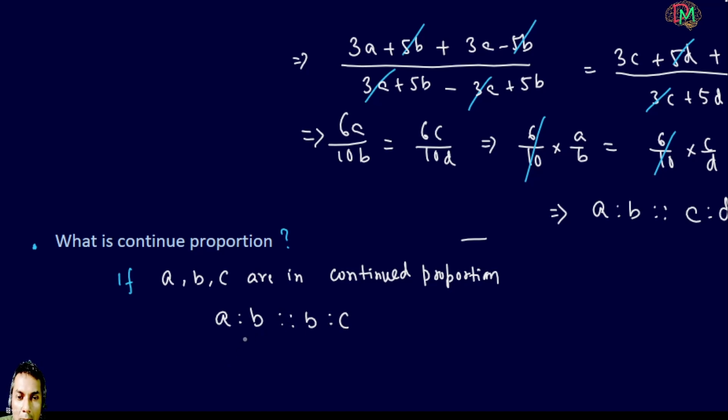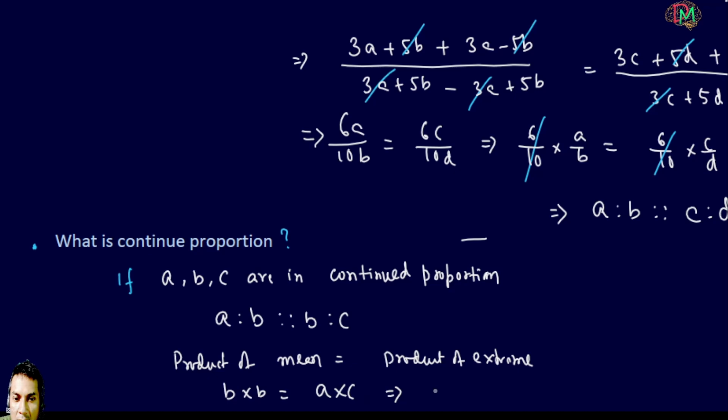Okay, here the mean term is b. So we know that the product of the extremes is equal to the product of the means. From the proportion we know this. From here we can write b into b is equal to a into c. Implies that b square is equal to ac, or b is equal to plus minus root ac. This way we can find the value of the mean, the middle term.